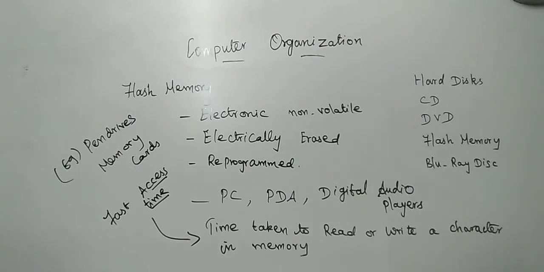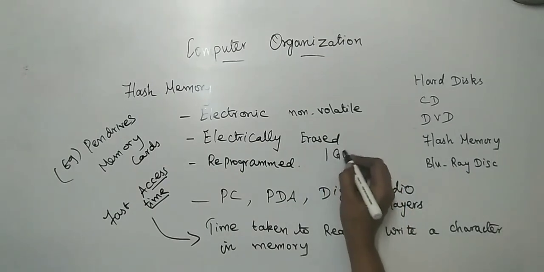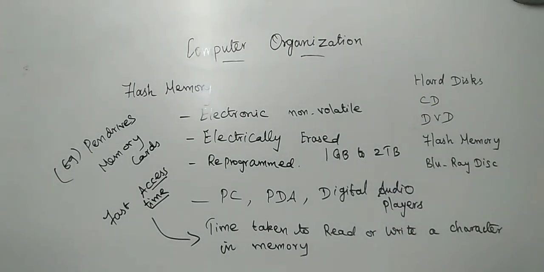So for the flash memories, the capacities differ for you. It ranges from 1 gigabyte to 2 terabyte. The capacity ranges from 1 gigabyte to 2 terabyte. So clear with the flash memory? Flash memory is nothing but your electronic non-volatile memory. It is electrically erased and reprogrammed.